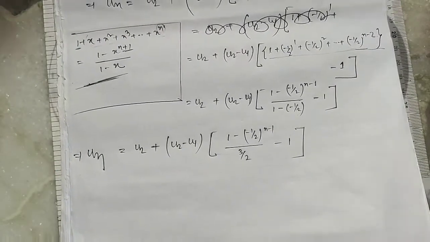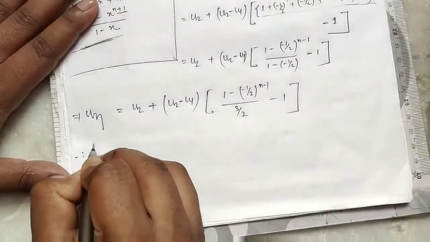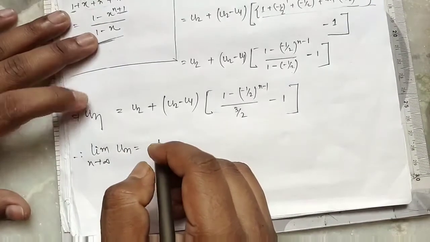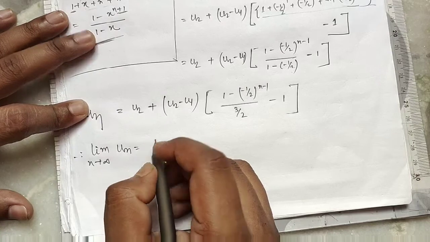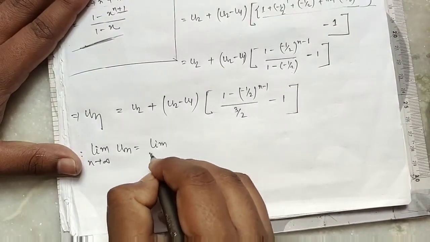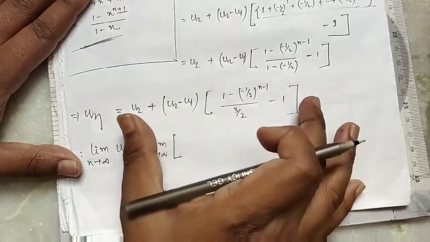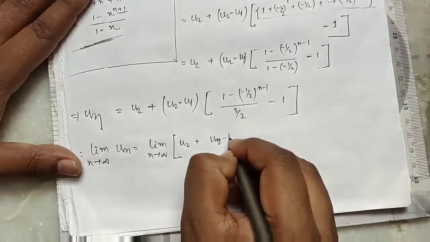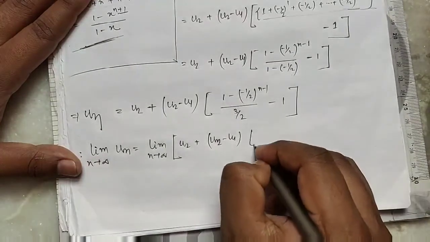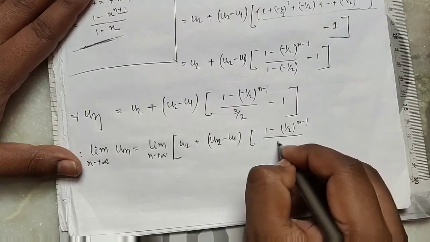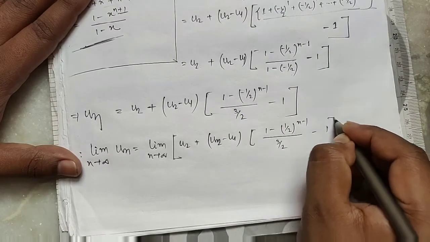So now we find the limit, therefore limit n tends to infinity un equals limit n tends to infinity of this: u2 plus (u2 minus u1) into [(1 minus minus half to the power n minus 1) by (3 by 2) minus 1].